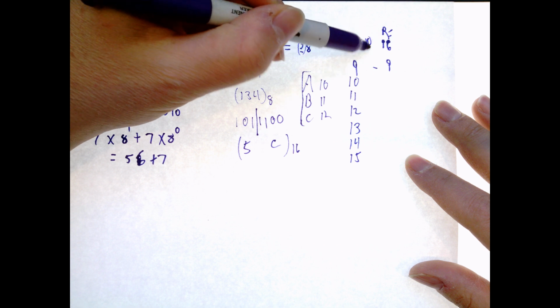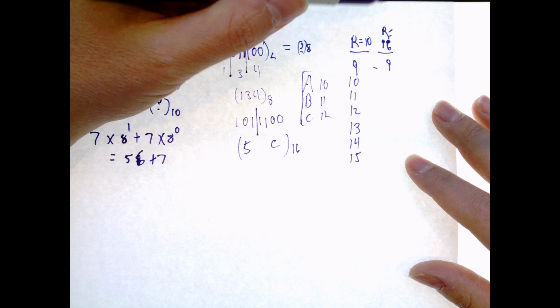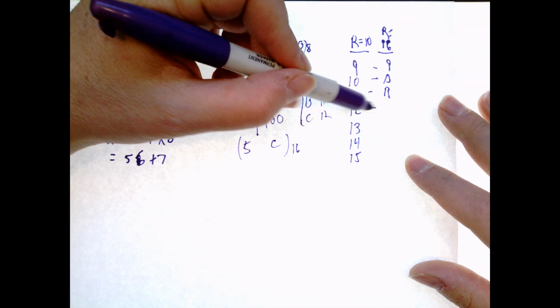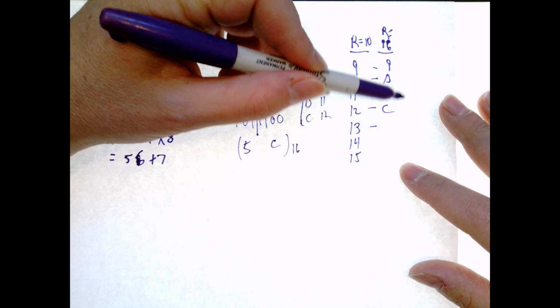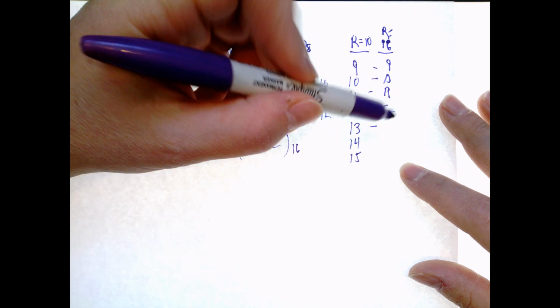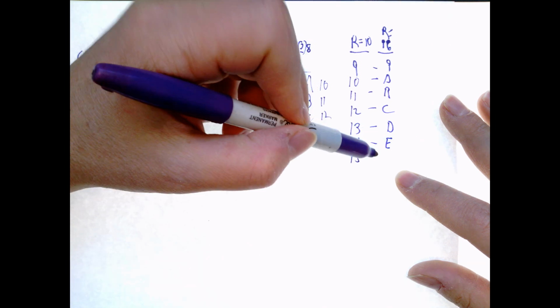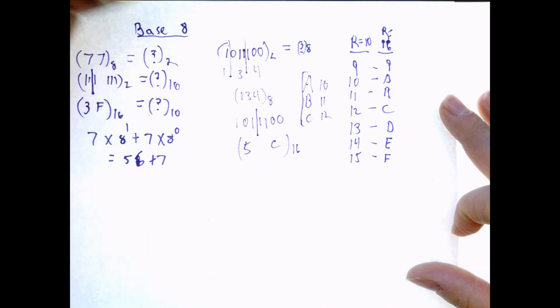So we write on the top r equals 10, r equals 16. But 10 is an A, 11 is a B, 12 is a C, 13 is D, 14 is E, 15 is F.